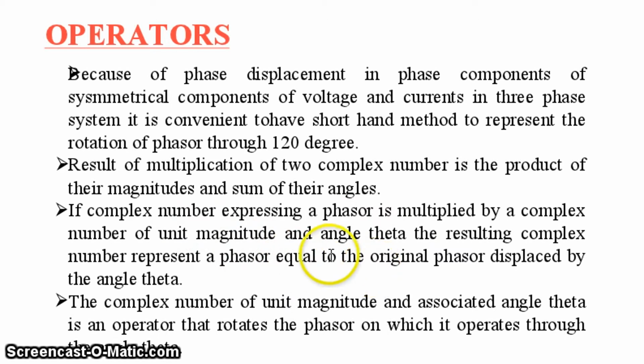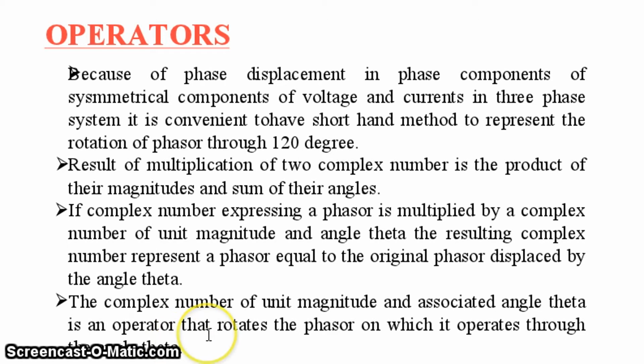The only difference is that it is displaced by an angle theta. The complex number of unit magnitude and angle theta is an operator which rotates the phasor through an angle theta. The magnitude remains the same.